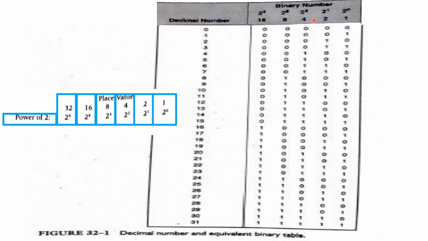Here, 2 to the second power, 2 squared, so it's 4. So you will see here that the third place value alternates 4 zeros, 4 ones. Okay, 4 zeros again, 4 ones.